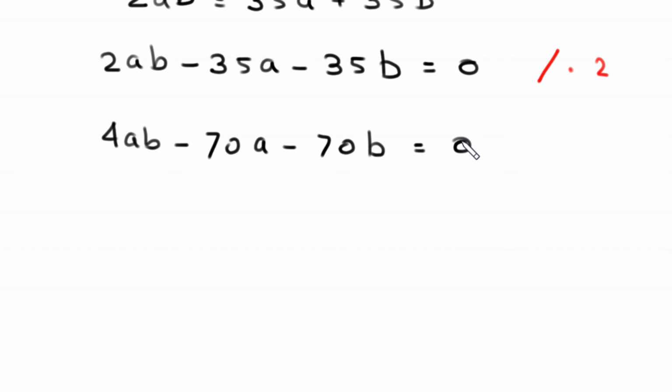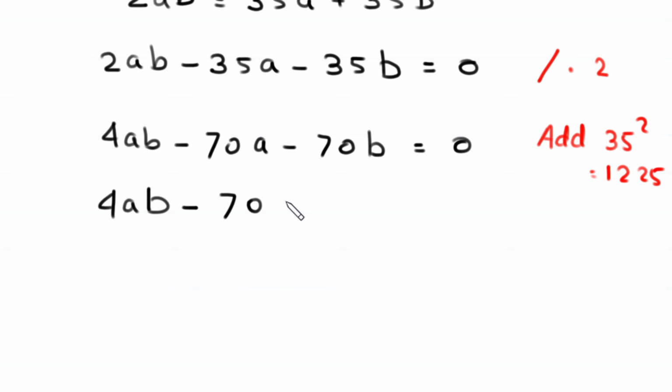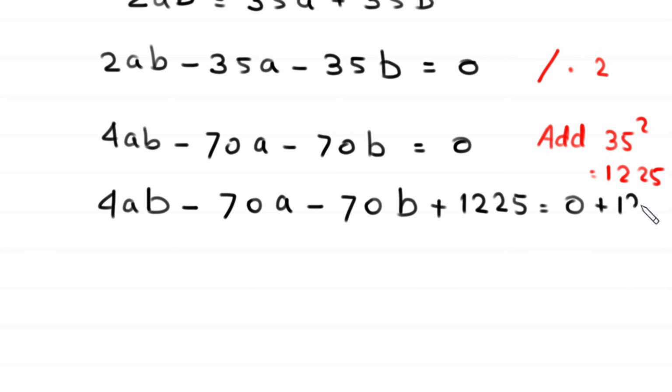To complete the factors, we add 35 squared, which means 1225, to both sides. So this will become 4ab minus 70a minus 70b plus 1225 on the left hand side equal to 0 plus 1225 on the right hand side.